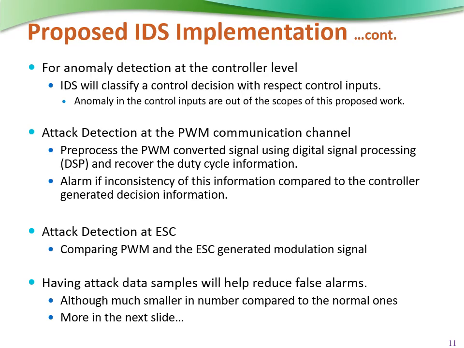In the case of the ESC level, the attack detection will happen by comparing the PWM signals and the ESC generated modulation signals. Having attack data in our training, we will be able to reduce the false alarms. As we will see in the next slide, the good data could be enough to generate these intrusion detection systems.